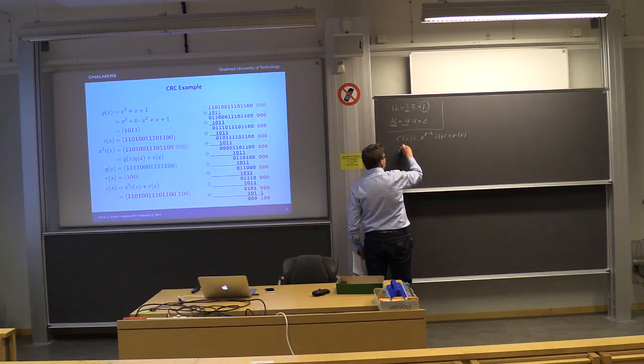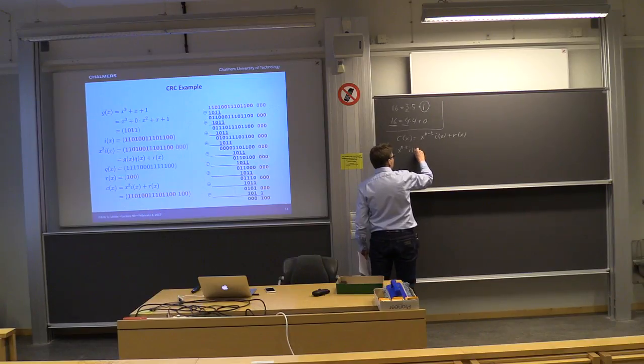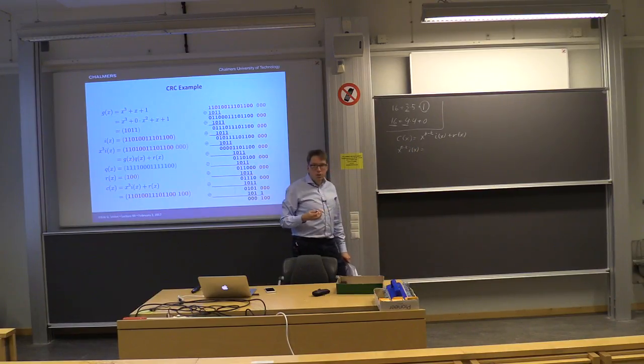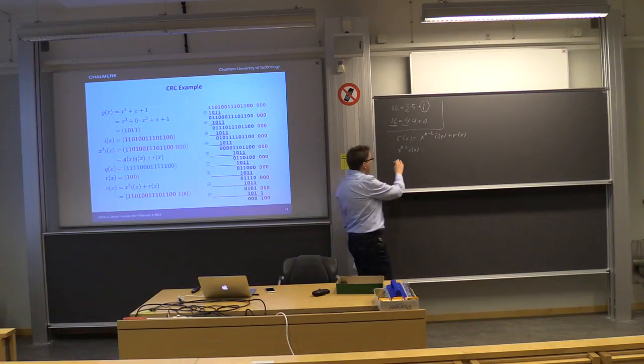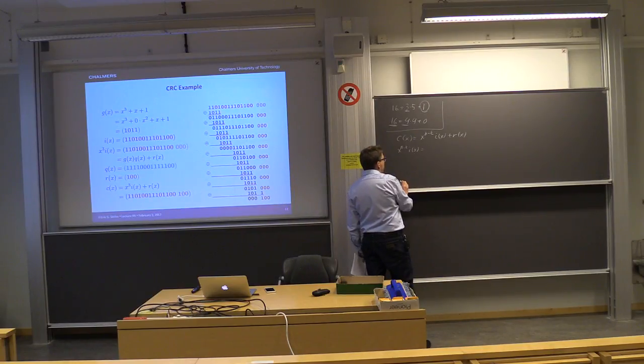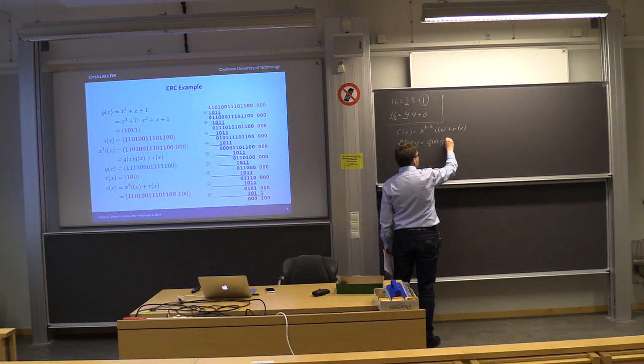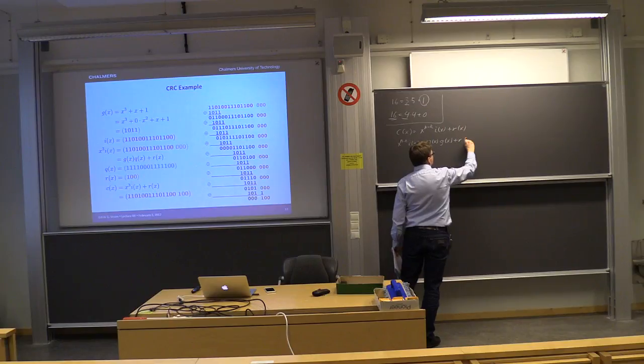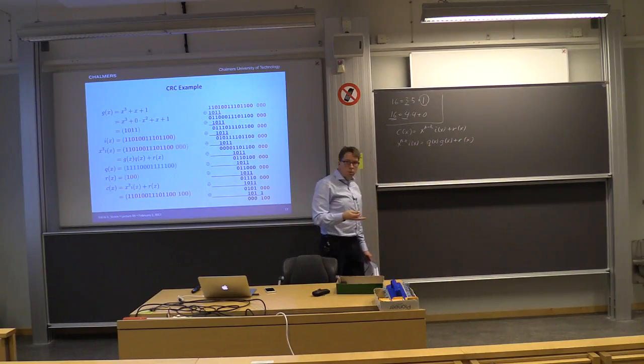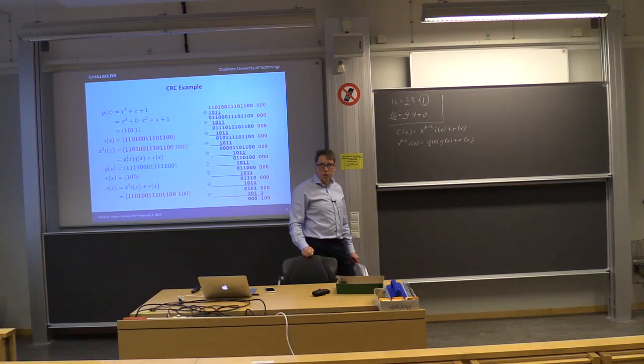We get that by taking these information bits shifted to the left and dividing by g and calculating the remainder. So we can write x to the n minus k times I of x as some quotient q times g plus the remainder. That is just by definition what the remainder is.